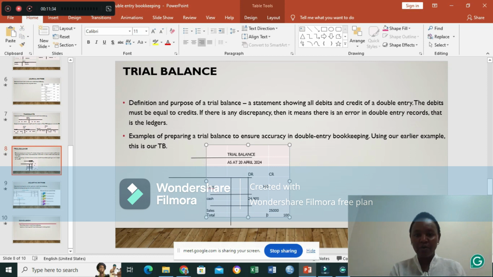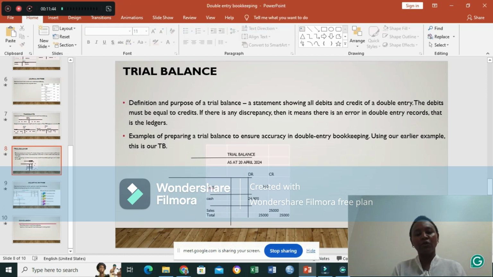This one will be now 25,000, and also on this other side, we will also have 25,000. And this is how a typical trial balance should be. The debits should always balance with the credits.